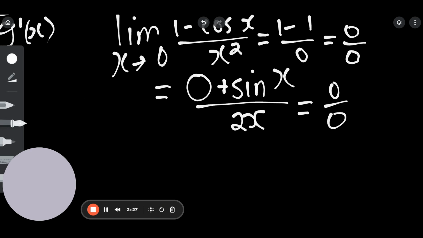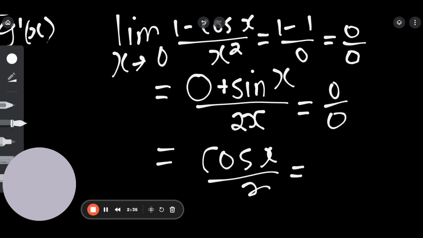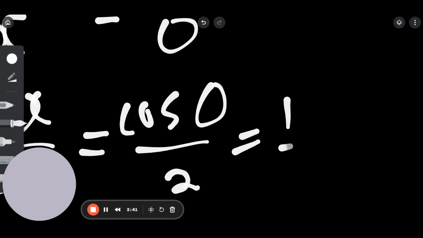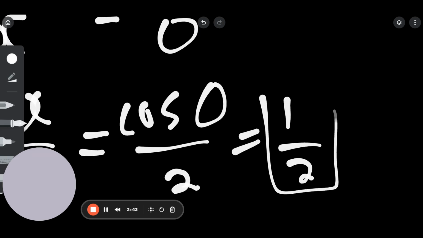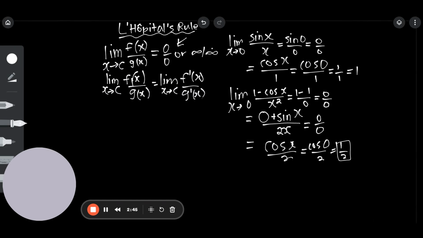So you have to do this once more. The derivative of sine x is cosine x over the derivative of 2x, which is 2. Cosine 0 is 1. So it's equal to 1 over 2. So that's what this limit is equal to.